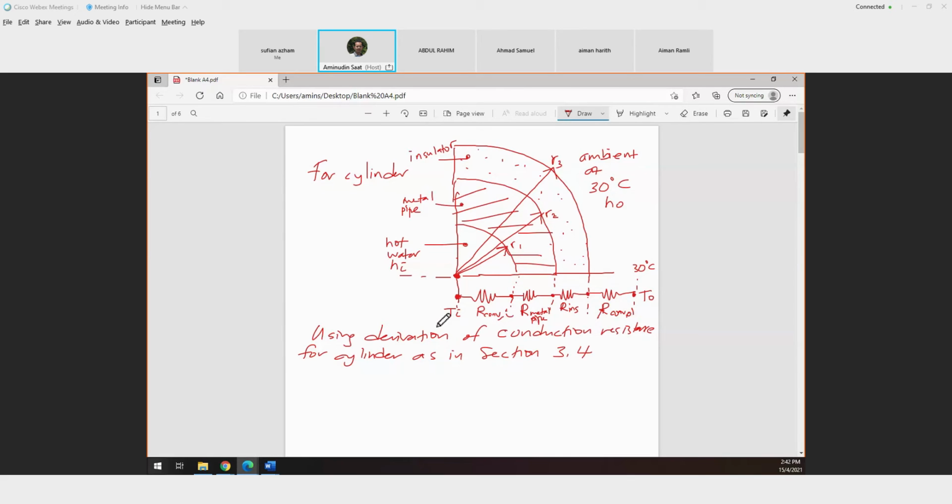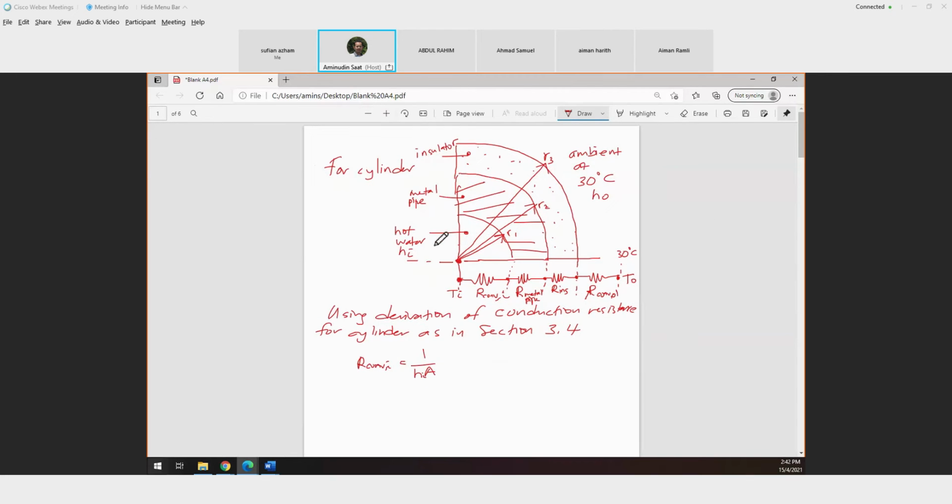So how to calculate this? Basically you can calculate R convection for the inside equals 1 over hA, same like in the plane wall.